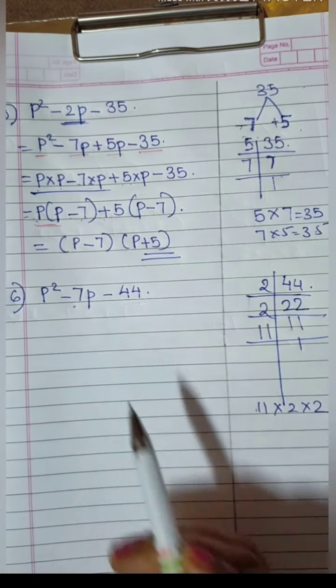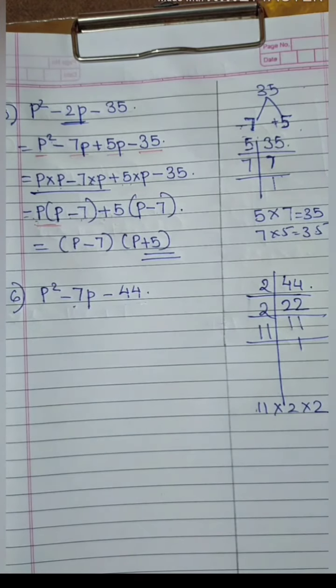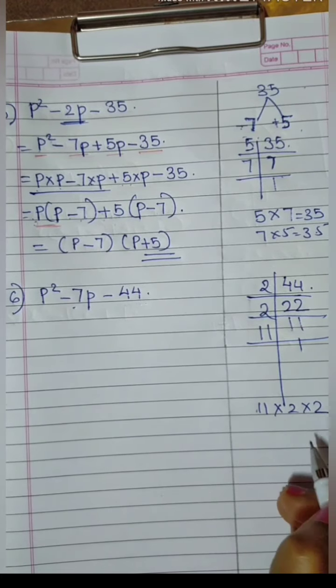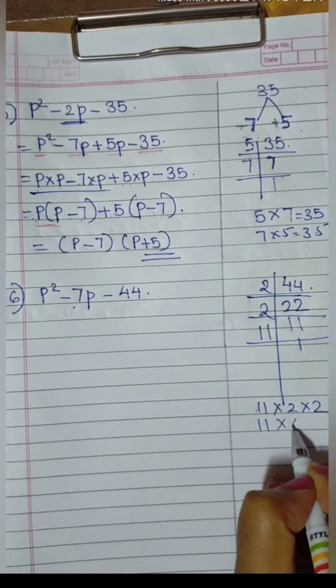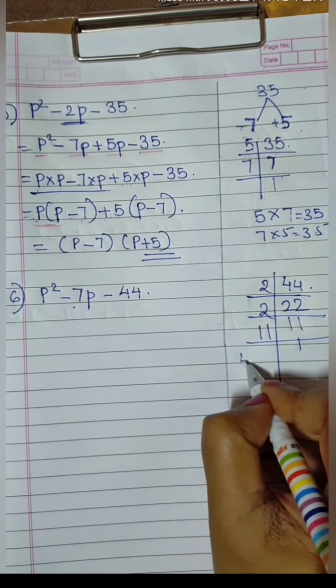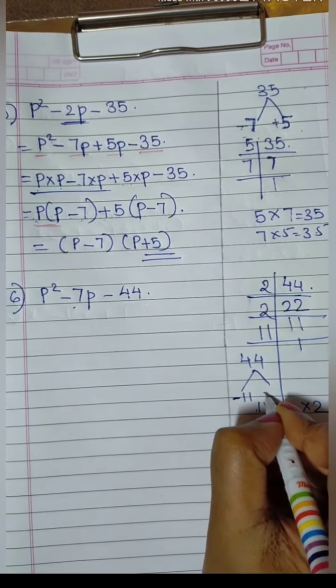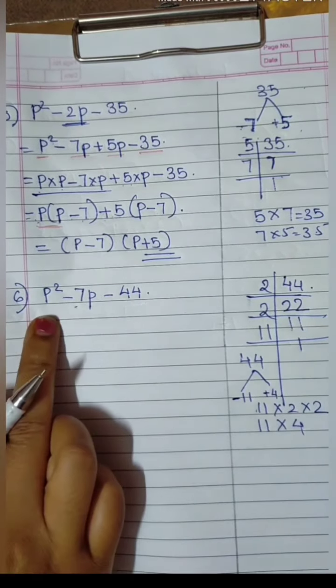So I am writing now 11 into 4, so 44. Minus 11 plus 4 we will take here.